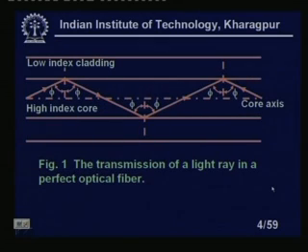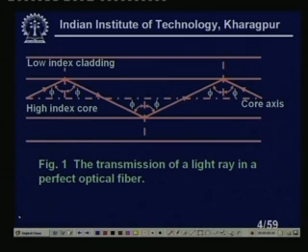Now, you see this is a typical fiber optic, and you can look at how the light travels in the optical fiber. Here we have shown a step index fiber. Please note that I am using British English.